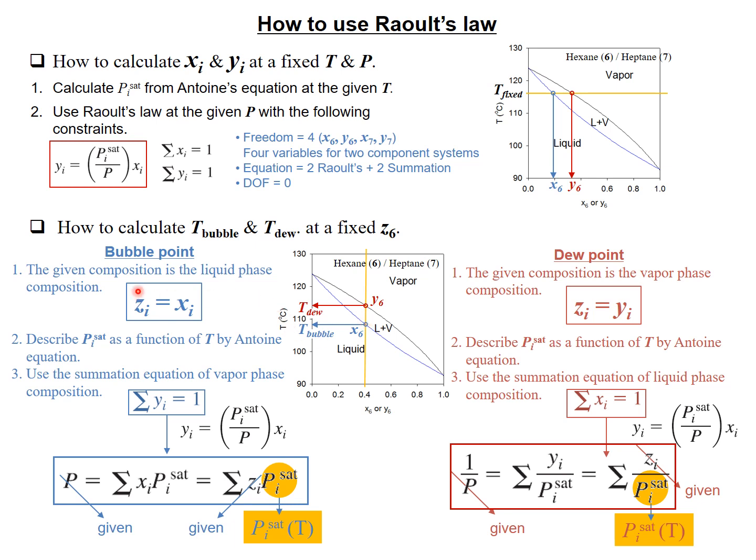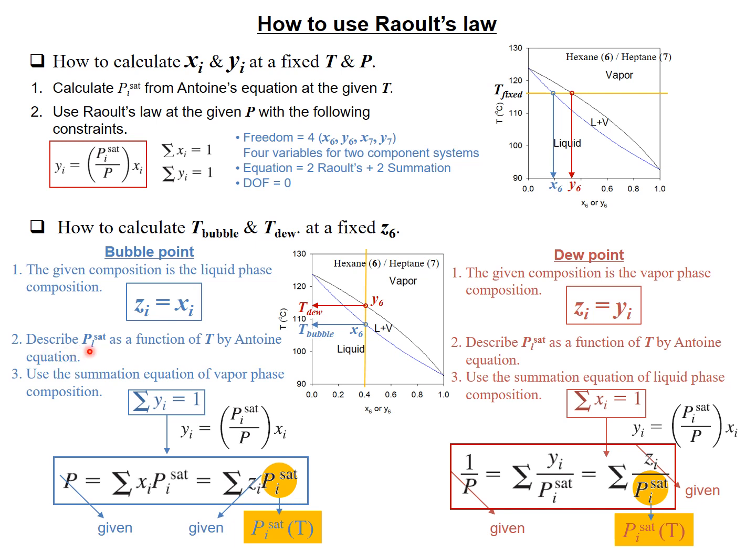So the given composition Zi is equal to Xi. X indicates liquid phase. Z indicates the given one.